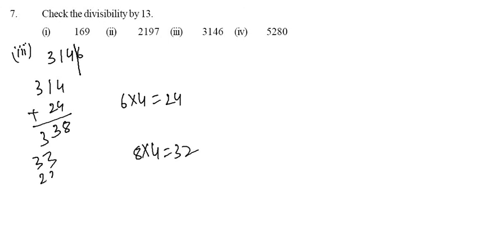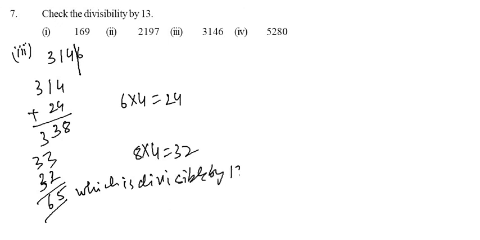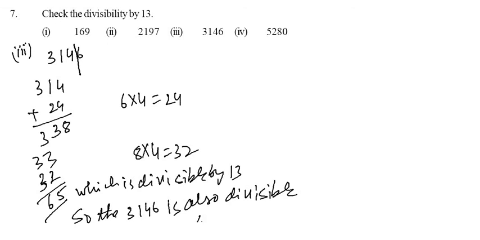So you can add 32. What will happen? 3 and 2 is 5, and 3 and 3 is 6, which is divisible by 13. So the number 3146 is also divisible by 13. So that will be your answer.